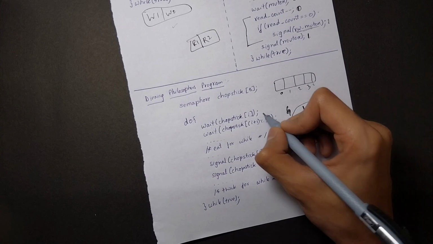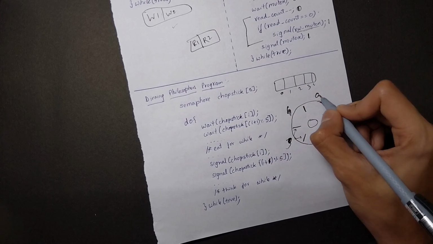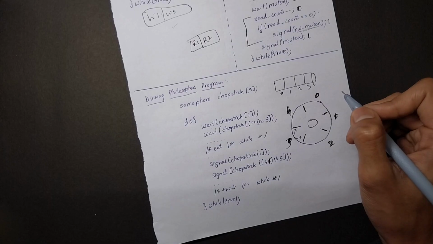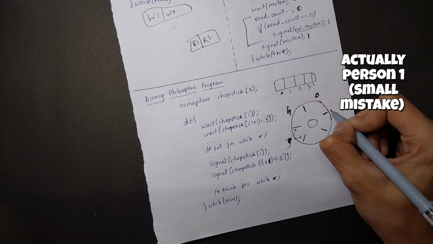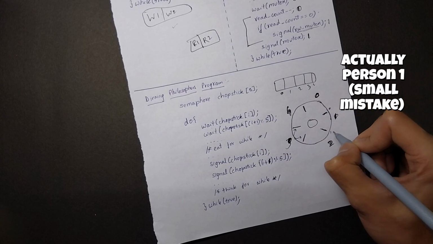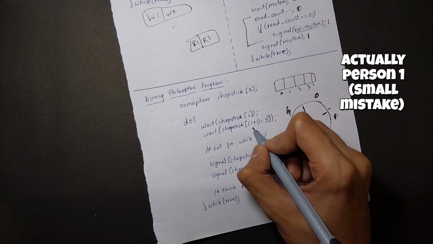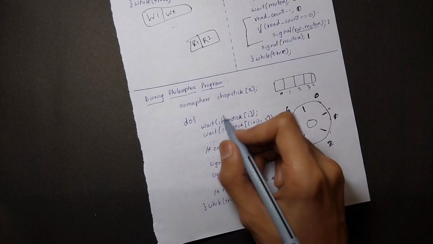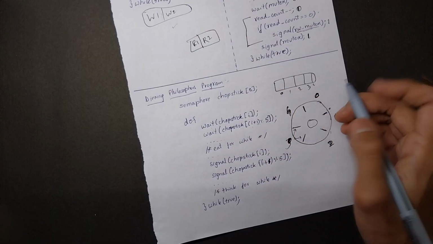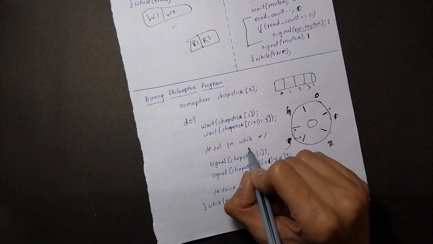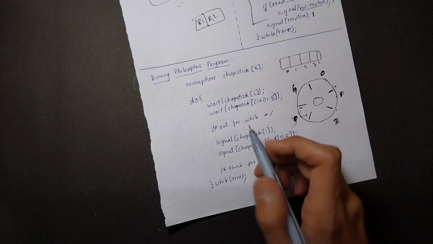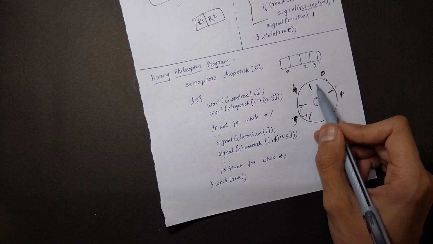So first I'll give a simple example. Let the 0th person have some food. So he will choose one chopstick from 0 and one from 1. He will lock both the chopsticks. So now only this guy can eat, so he will eat for a while, and then after eating he should keep the chopsticks back, right?